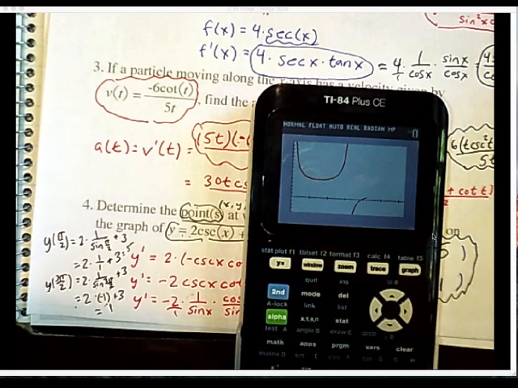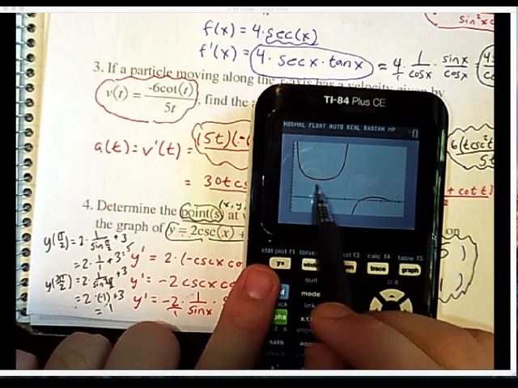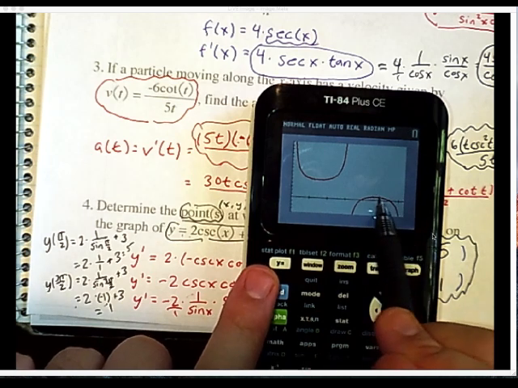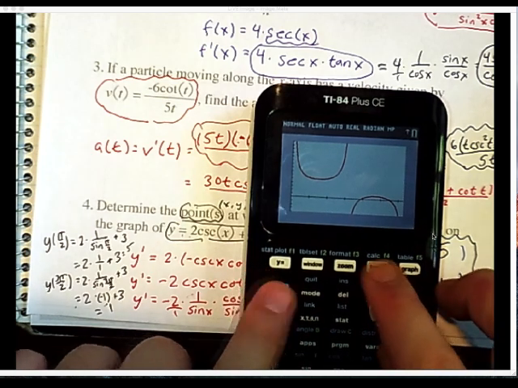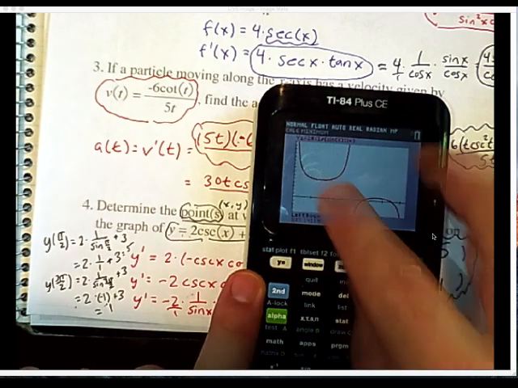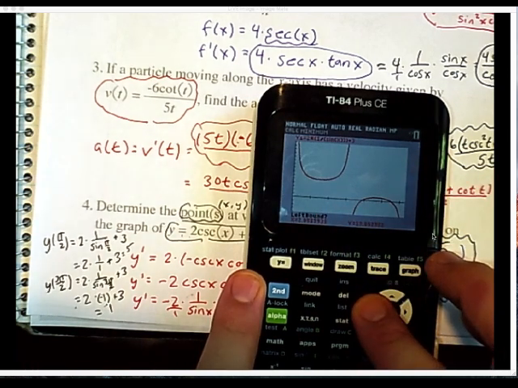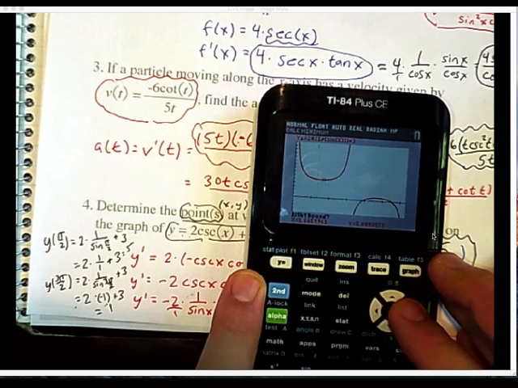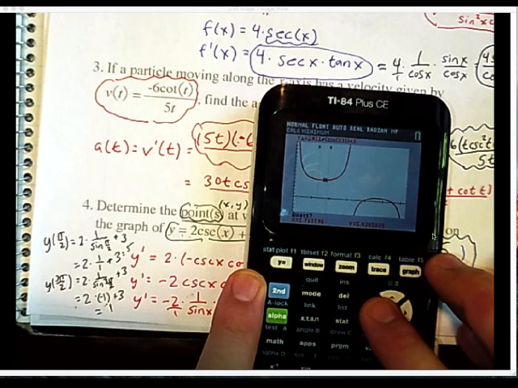So to me, it looks like I could draw in a horizontal tangent line about right there and about right here. So let's find the minimum of that part. What do you notice?